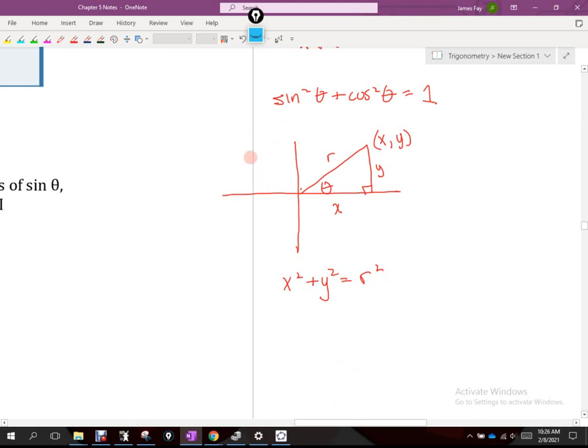So what we're going to do here, and I think we mentioned this, is take my terminating ray and just keep rotating it, tracing that point as it rotates. What do I create? A circle. Okay? What is the formula for a circle?